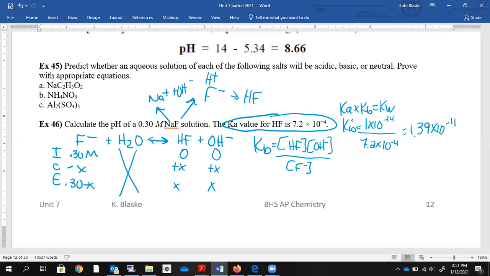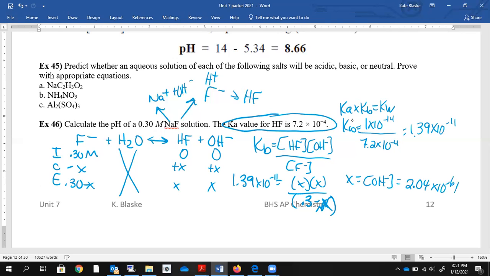So now I can solve. 1.39 times 10 to the negative 11th equals X times X over 0.3 minus X. The 5% rule says that that bottom X can go away. Excuse me. Doing the algebra of that equation, X, which in this case is my hydroxide ion concentration, comes out to be 2.04 times 10 to the negative 6th molar.